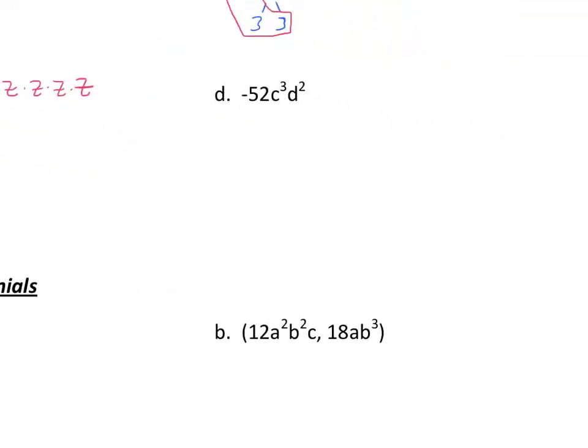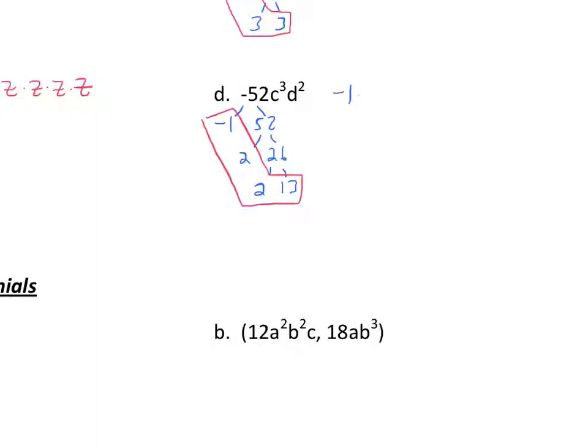Our last one, there we have a negative again, so I'll take a negative 1 out, then I'll focus on 52 and say 2 goes into 52 26 times, 2 goes into 26 13 times, and there's our hockey stick again representing our prime factors.